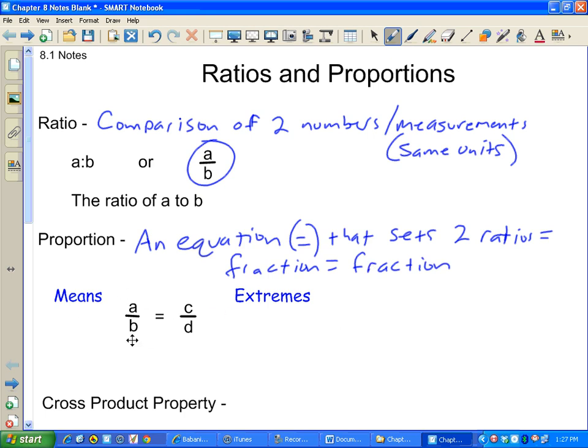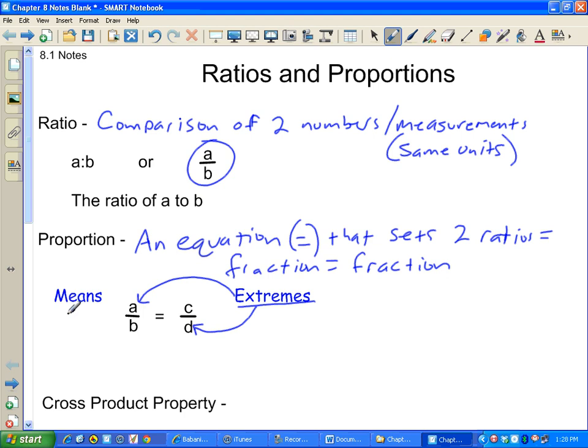So here's a proportion, and we're going to label the different parts here. There are the means and the extremes. If I was reading this, I would say A over B equals C over D. So the extremes would be the ones that I read first and last, because those are the extremes of my statement. The very first thing I said was A, and the very last thing I said was D. Those are the extremes.